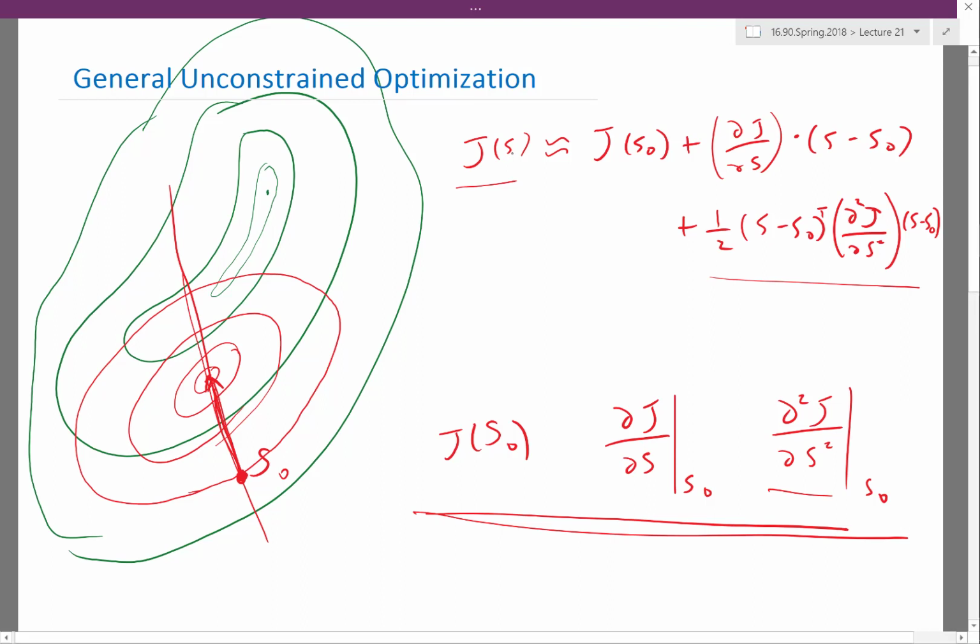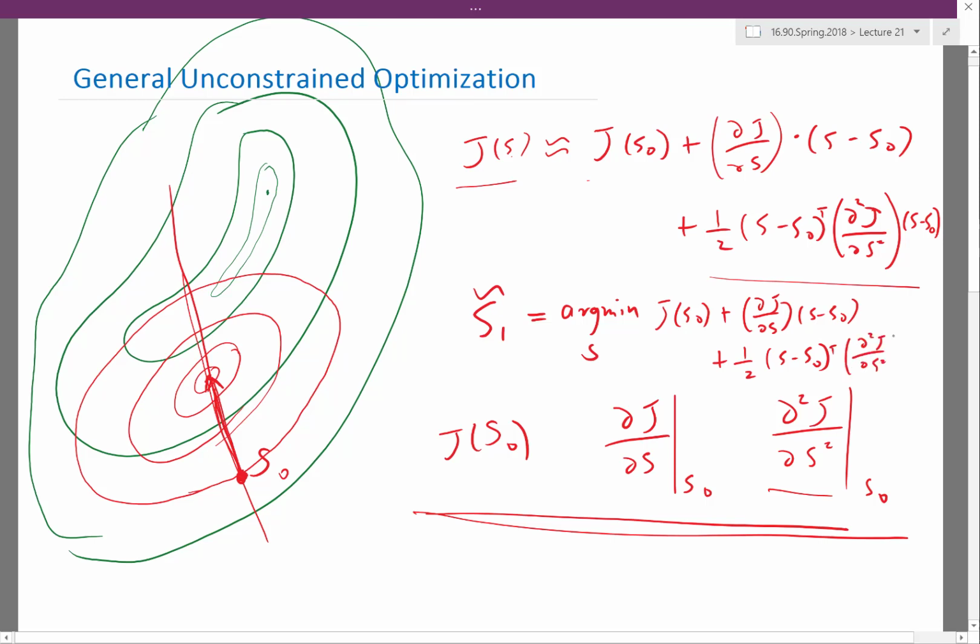So by minimizing this approximate quadratic function, I get an S1 tilde. S1 tilde is the argmin over S of J(S0) plus the gradient linear term plus the quadratic term that results from the Hessian. All right.